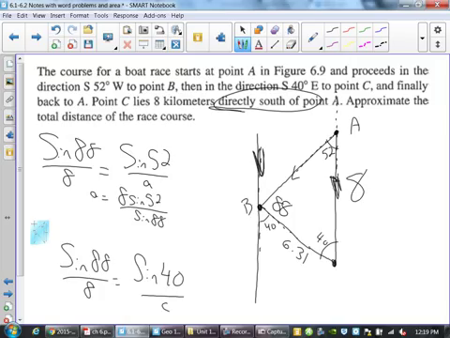And then the other one will give 8 sine 40 over sine 88 again. And the other one I'm getting 5.15. Then you just add those up to get your total distance. Yeah, because it's asking to find the perimeter. It's like, what's the total distance of the race?